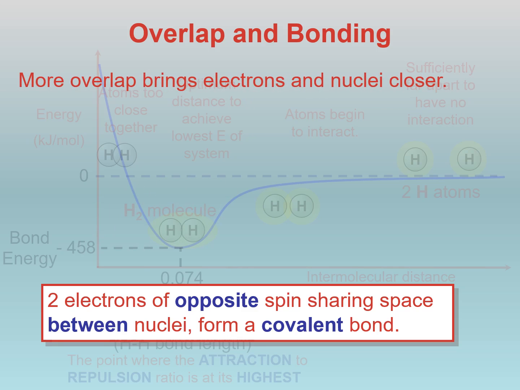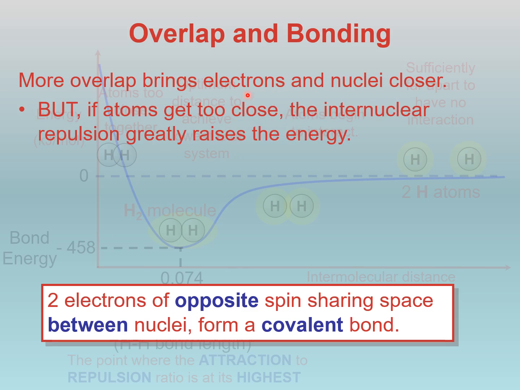More overlap brings electrons and nuclei closer, but if atoms get too close, you get internuclear repulsion. Think of that as the positive nuclear charge of the two atoms pushing each other away.